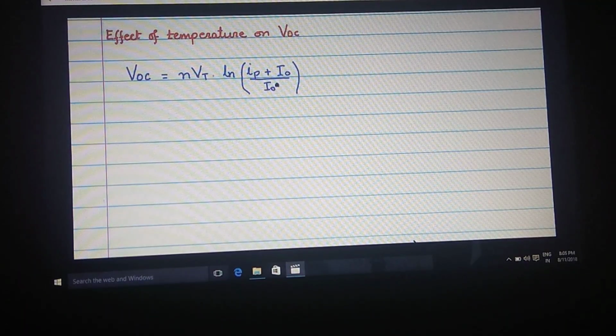If you take I naught very small compared to the photocurrent, then we can say VOC is equal to NVT logarithm of Ip by I naught. So apparently, if you look at this equation, it is not directly evident that VOC will decrease if temperature increases.